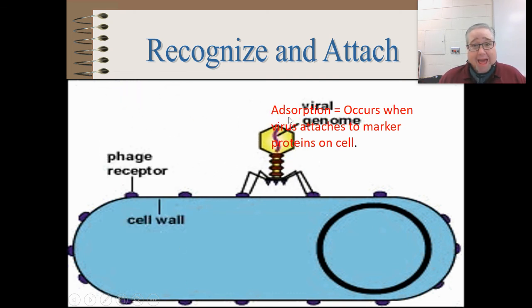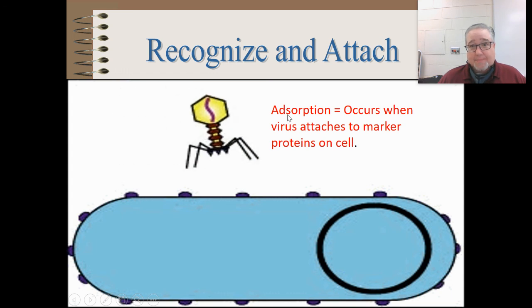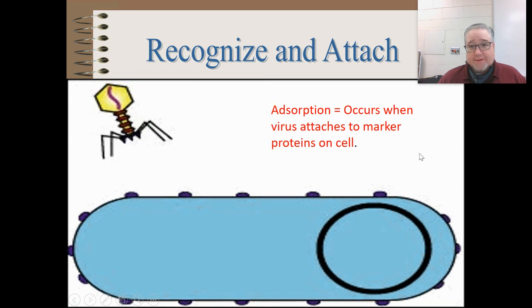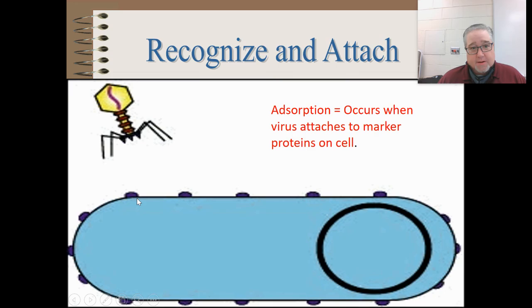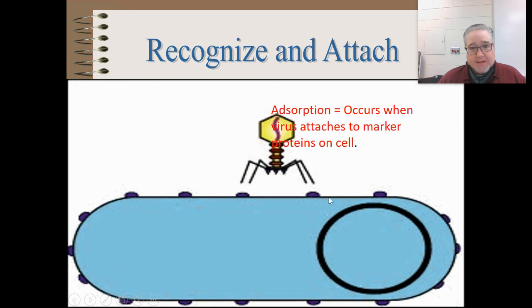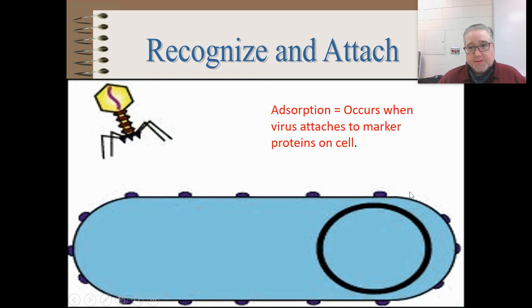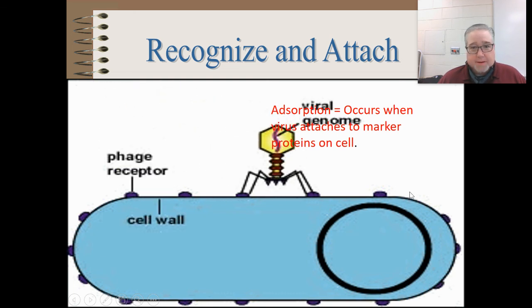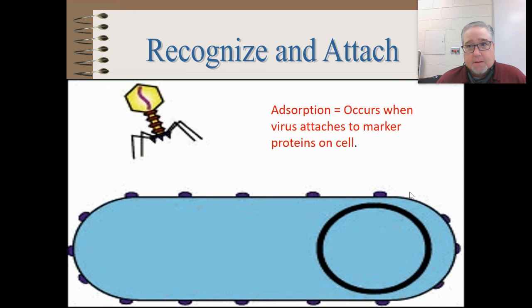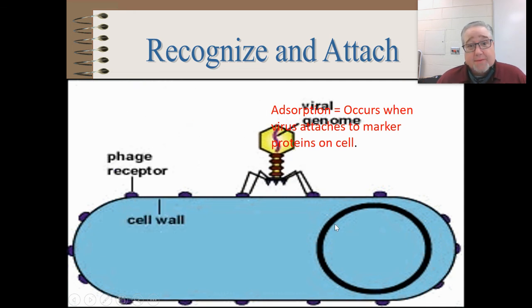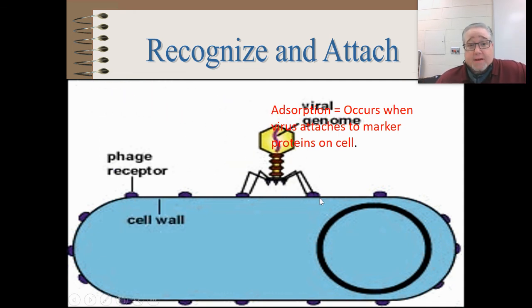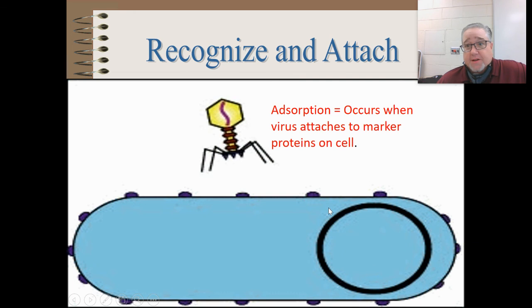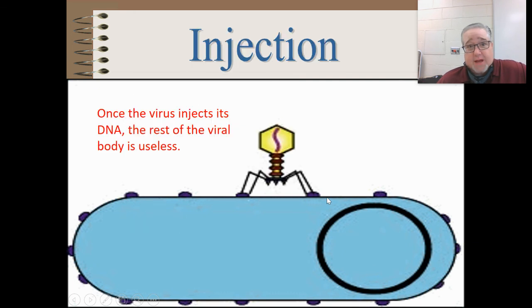There's a term here called adsorption, with a D. Adsorption basically means that the virus has identified these marker proteins, these little bumps on the outside. These are the name tags that this virus can recognize. As soon as it does that, it's going to attach itself onto the cell. That's the first step.